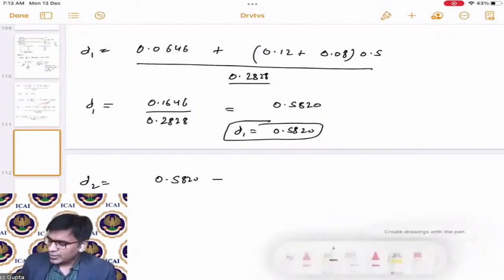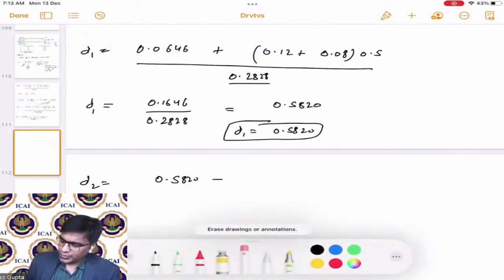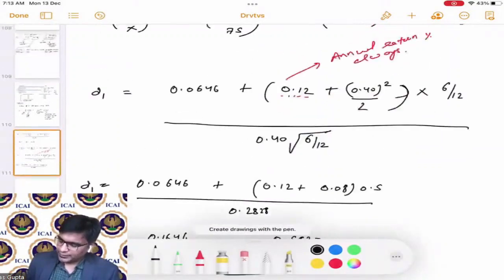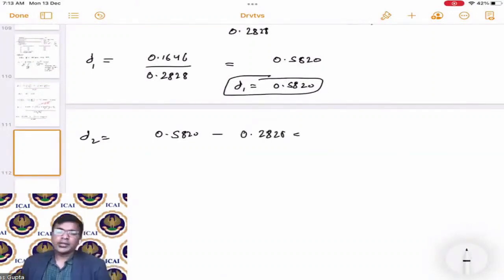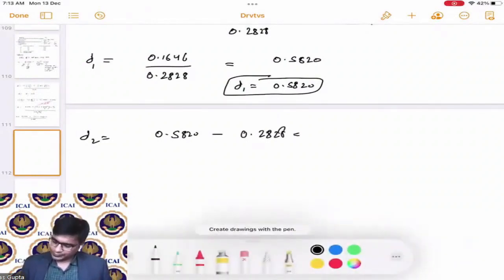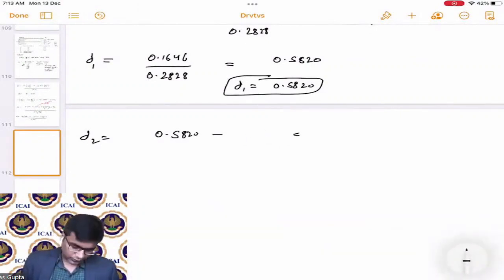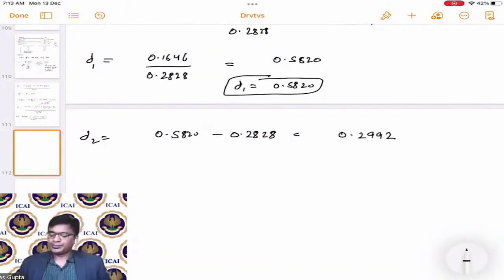Because that is also standard deviation under root T. So we will just do it like this: 0.5820 minus 0.2828, which is further equal to 0.2992.